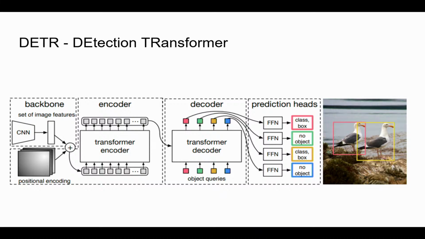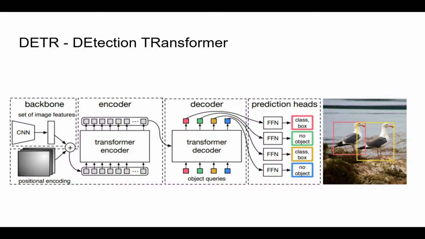The network itself decides what they should encode, what values they should have, but they are really constant trained vectors. There's a transformer decoder, which has cross attention to the encoder, to the image itself. And at each of these tokens, it tries to predict a single object.